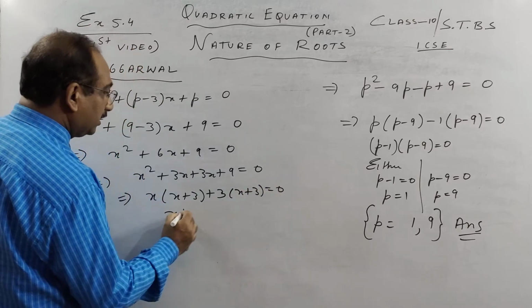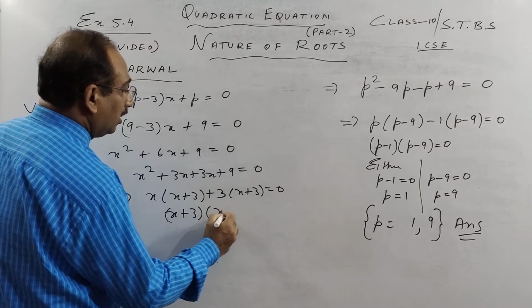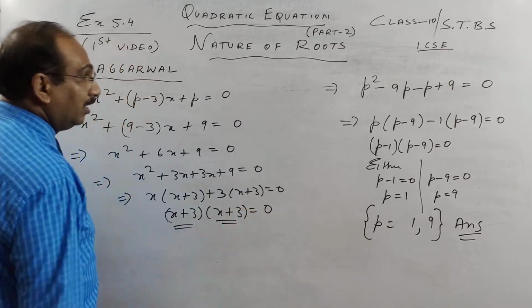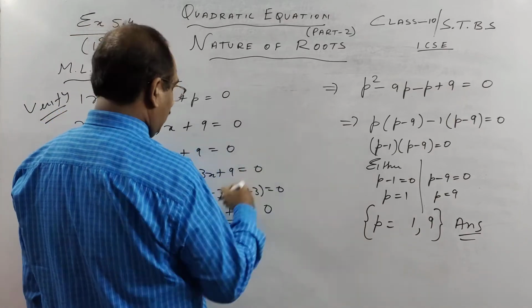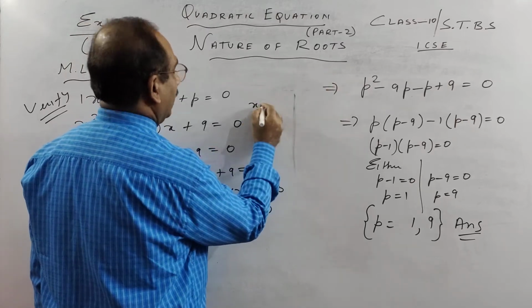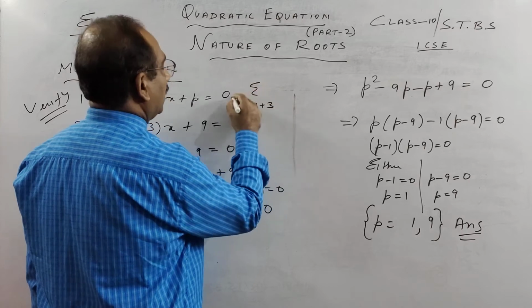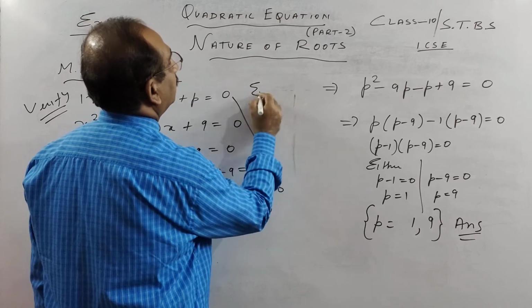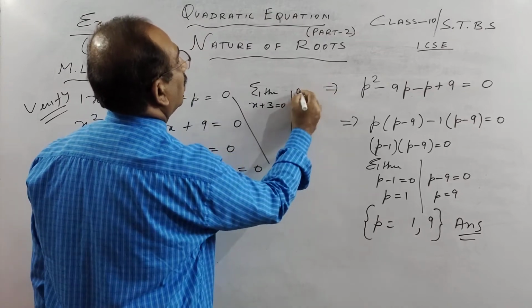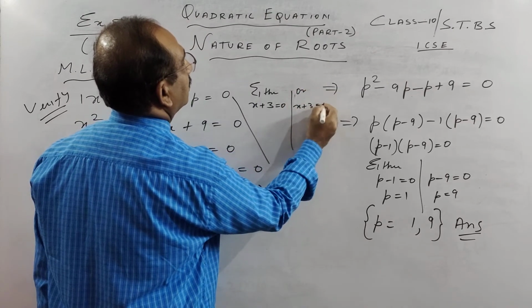So one very interesting thing you will see, children, here I get 2 same things. Hence you get here, see what are the roots? x plus 3. So here I am doing either x plus 3 is 0 or x plus 3 is 0.